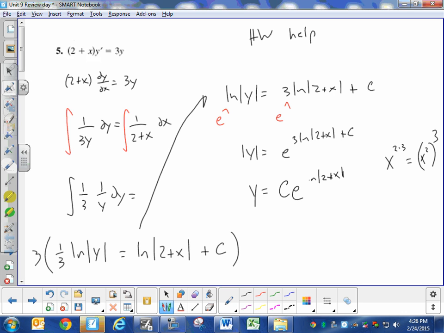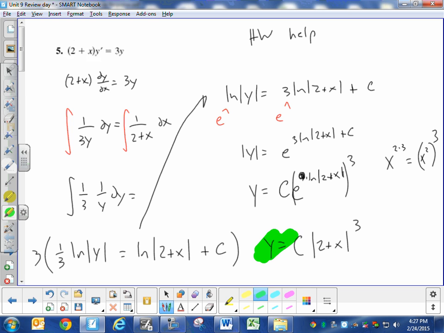I actually could rewrite this as e to the log of 2 plus x cubed. So now I can simplify e to the log of absolute 2 plus x to be c absolute 2 plus x quantity cubed. And this would be the simplest form of your solution to your differential equation.